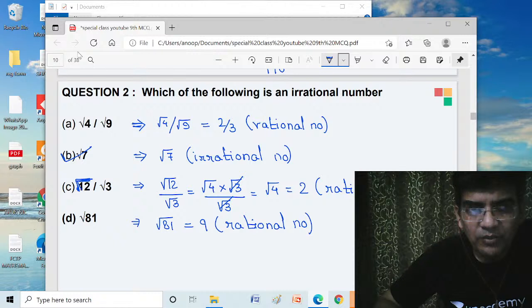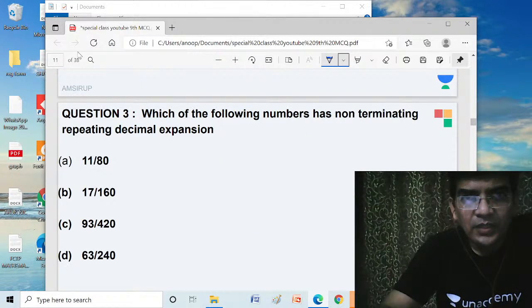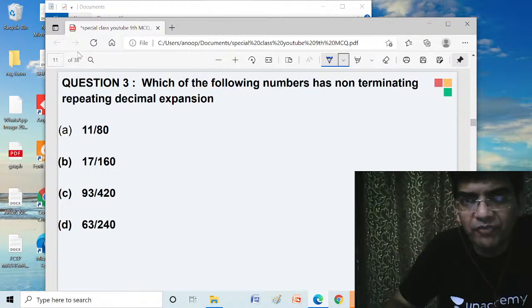Coming to the next one. Here they are asking us, which of the following numbers has non-terminating repeating decimal expansion? They have given us four numbers and we have to find which of them has non-terminating repeating decimal expansion. Now there is a simple way.